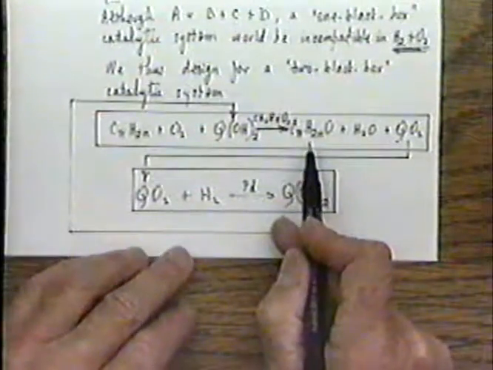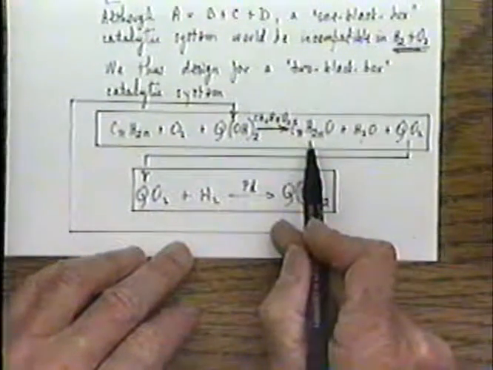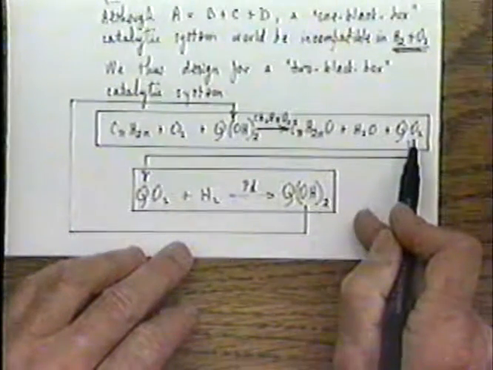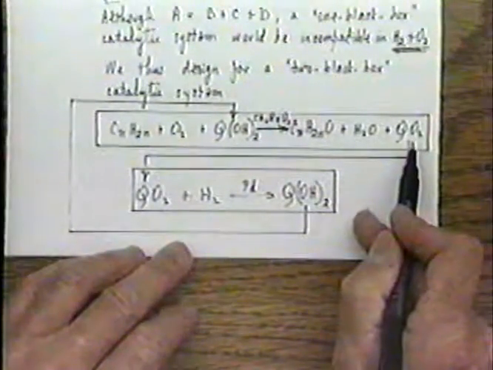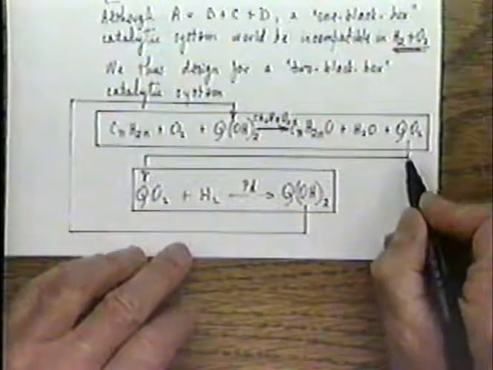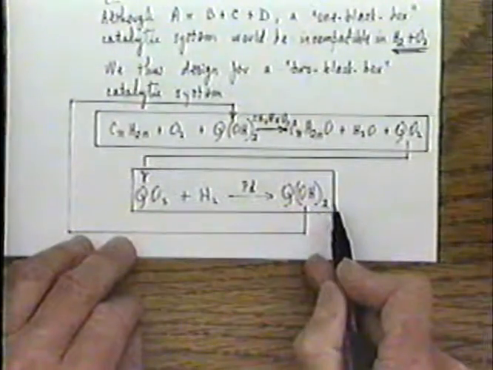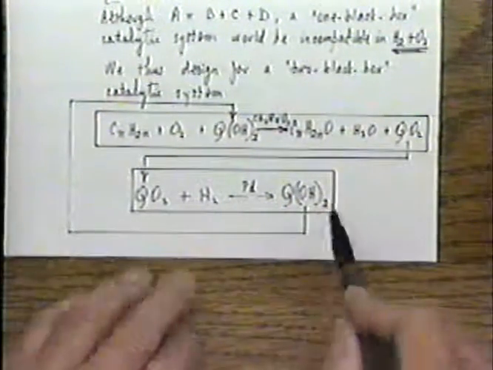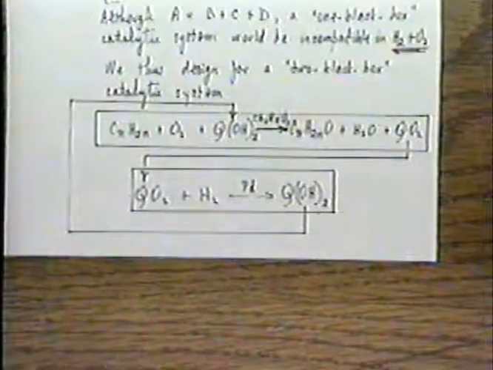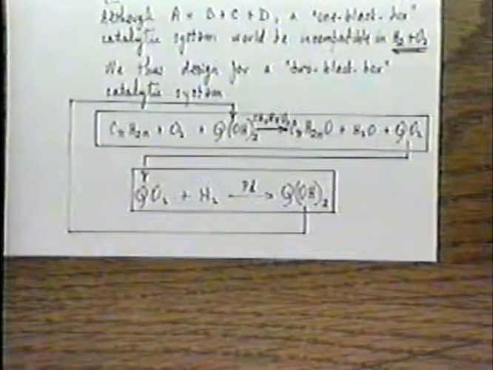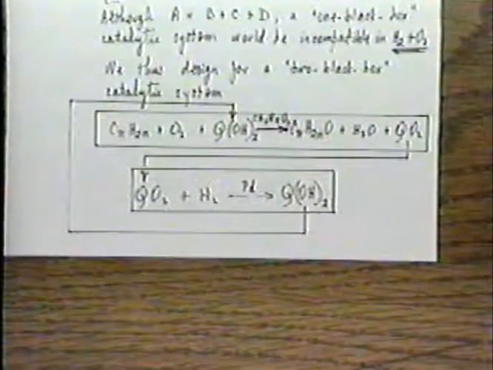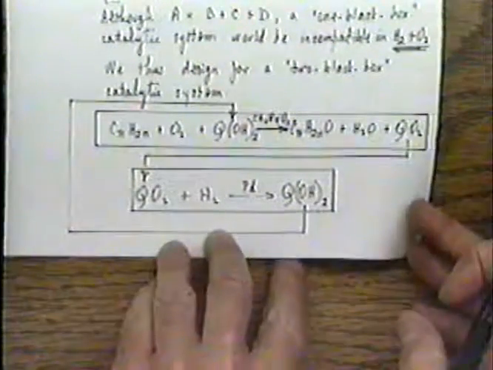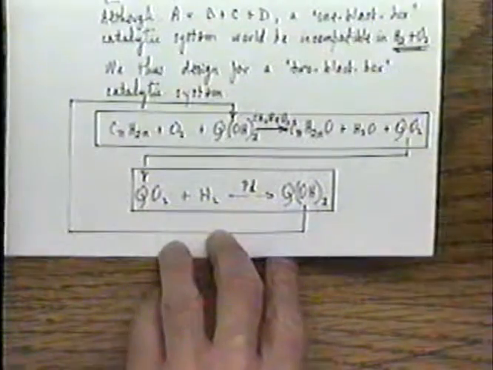And if one crosses one's fingers, one should be able to finish up with the epoxide, water, and the quinone, and then you have to cycle the quinone out of that process and reduce it as in black box number 2. If you take the whole two together and cycle that back in here, you've got a closed cycle, but you've got 2 black boxes rather than 1 black box. I have no idea whether that works, and I'm only offering it to you as an illustrative way to think about the problem.